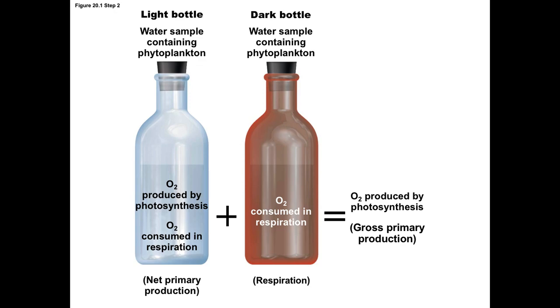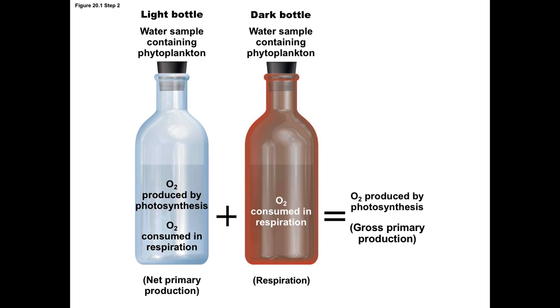If we want to estimate the actual gross primary productivity, we need to get a measure solely of the amount of oxygen that's being lost through respiration. We could do that by doing the same experiment, but in a dark bottle, which restricts the amount of sunlight that can get in.